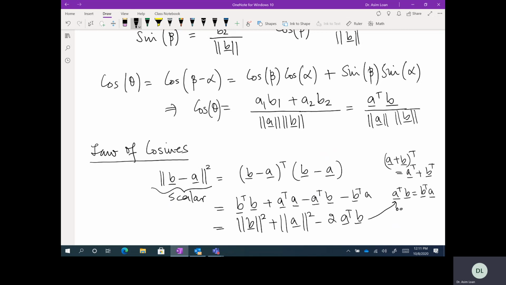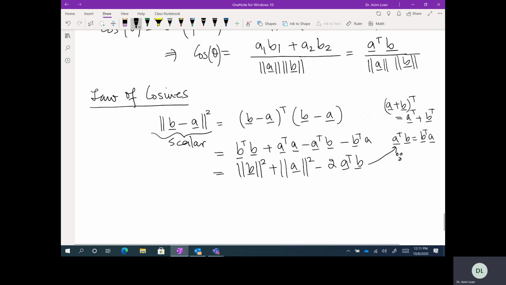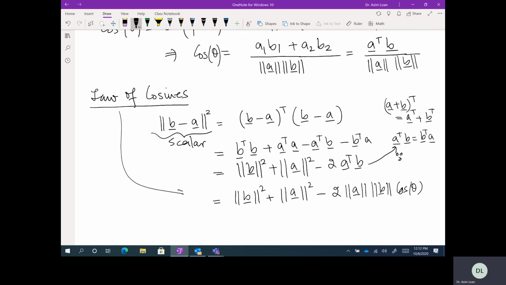But what is a transpose b? It is norm a times norm b times cosine of theta, so minus 2 norm a norm b cosine of theta.